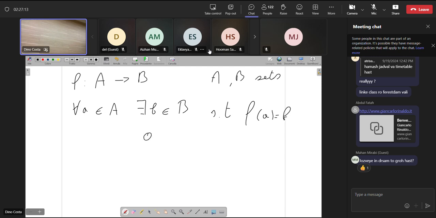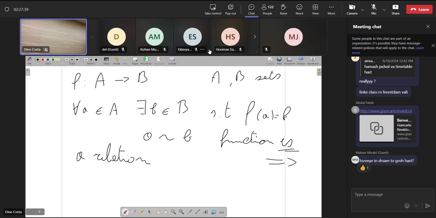We are saying that A is related with B. So a function is a relation. In this direction, it works. A function is a relation. The other direction does not work.